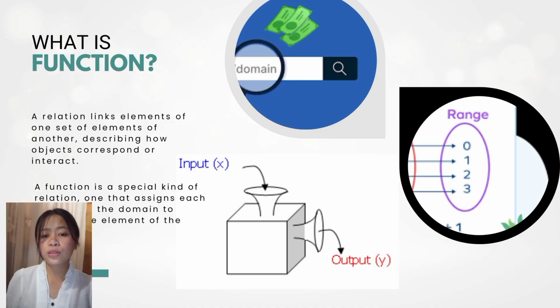For a relation to qualify as a function, every single member of the domain must be mapped to exactly one member of the range. This requirement strictly prohibits one-to-many relations, where a single input value could yield multiple different output values. So let me give you an example.